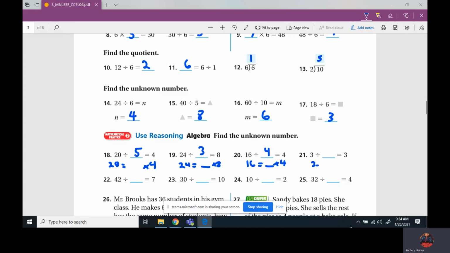Adeline, 3 divided by what equals 3? We're going to go 3 times what equals 3? 3 times what makes 3? Don't think too hard. 3 times what makes 3?